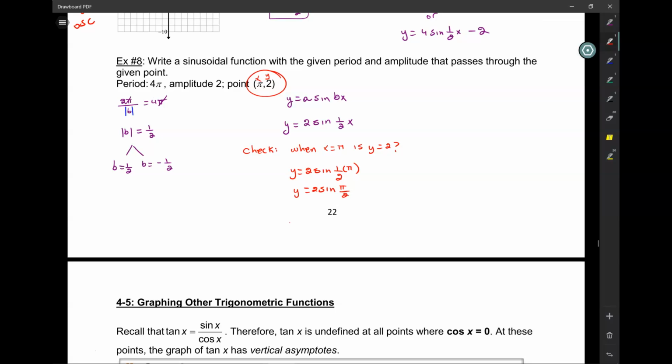What's sine of pi over 2? Remember, pi over 2 is on the unit circle at 0, 1. Sine is the y value, y over r. So it's 1. So y does equal 2. That's correct.